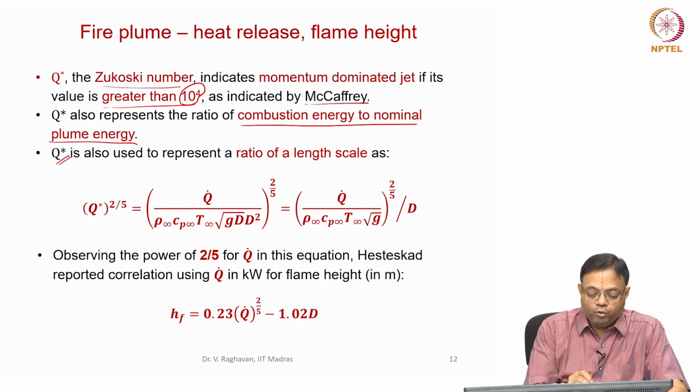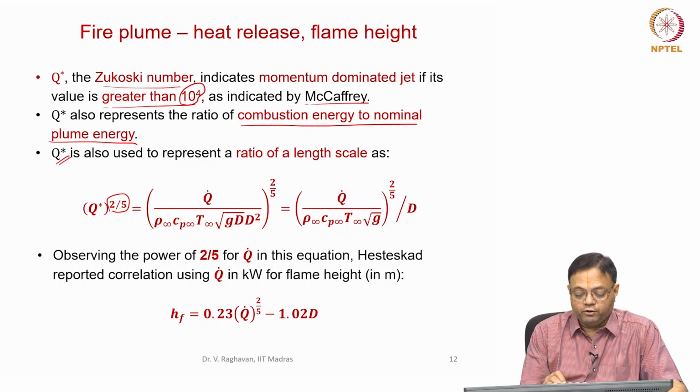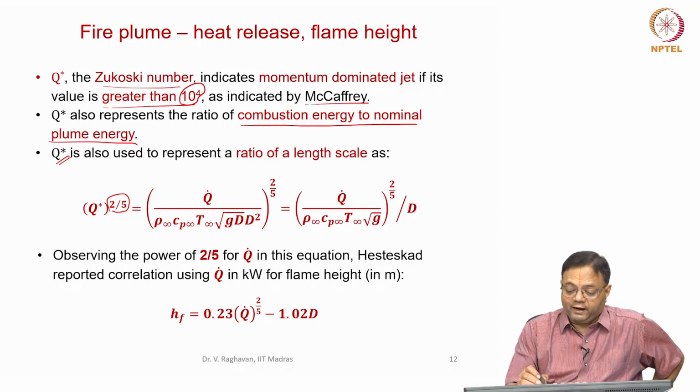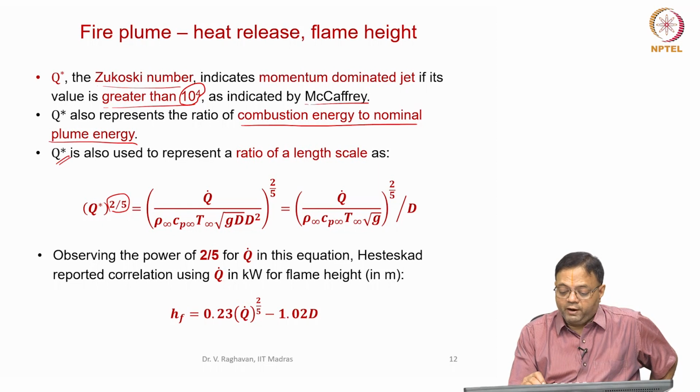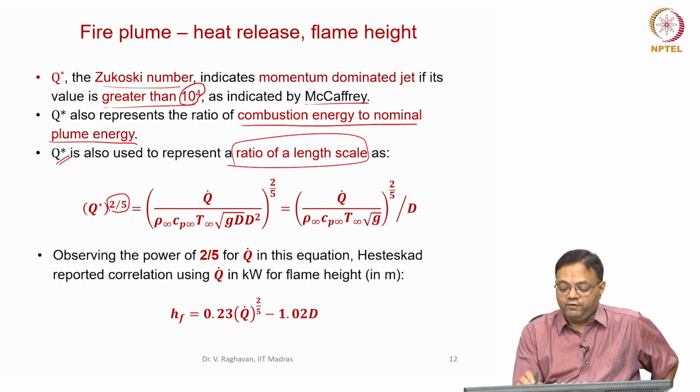When I take the Zukowski number and raise it to the power of 2 by 5, what I get is q dot divided by rho infinity C P infinity T infinity root of g D into D square, to the power 2 by 5. Here I can write this as q dot by rho infinity C P infinity T infinity root g, all divided by D. So this q star raised to the power 2 by 5 represents a ratio of length scale.